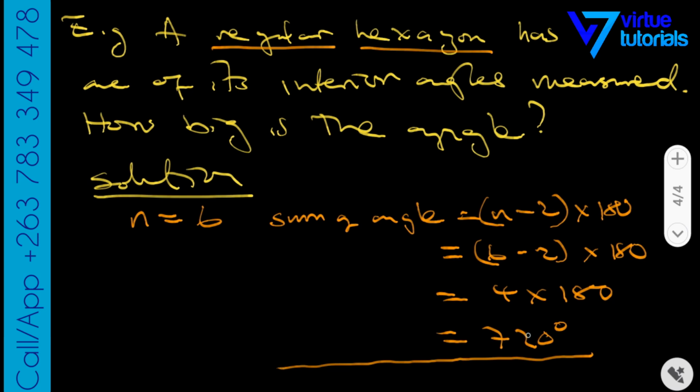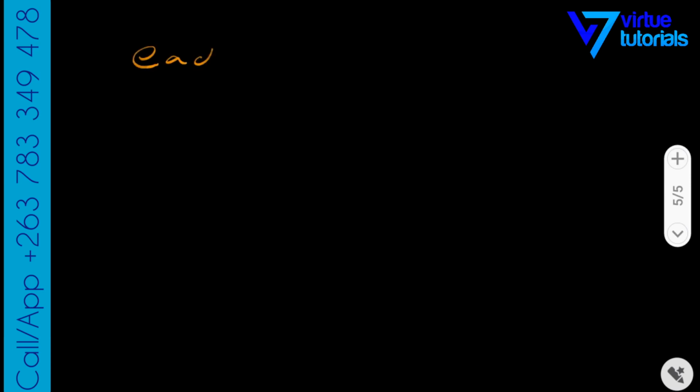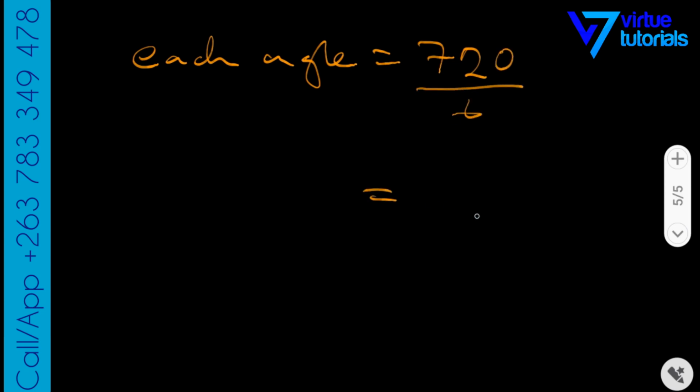But we're not done yet. This thing is regular, meaning that all angles are equal. So it's regular and it has 6 angles. To find the size of each angle, we take the total 720 and divide by 6, because 720 is the total of 6 angles. So each angle is 720 divided by 6, which gives 120 degrees.